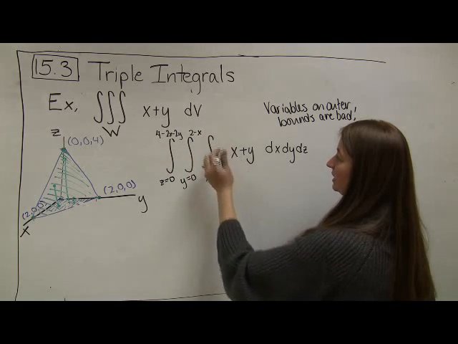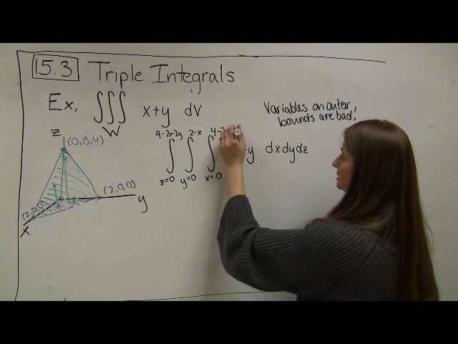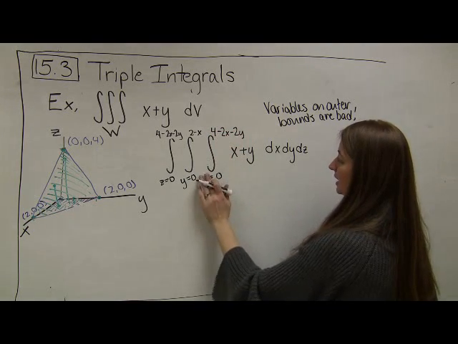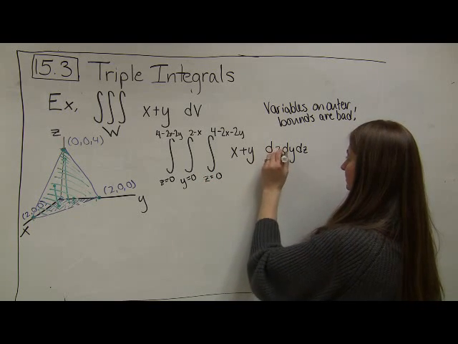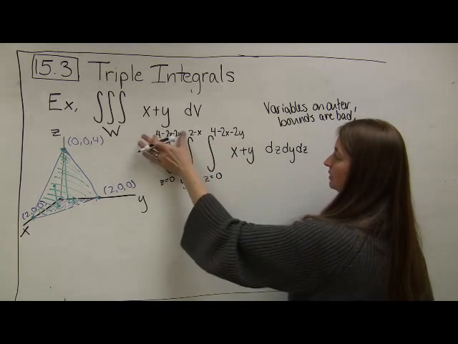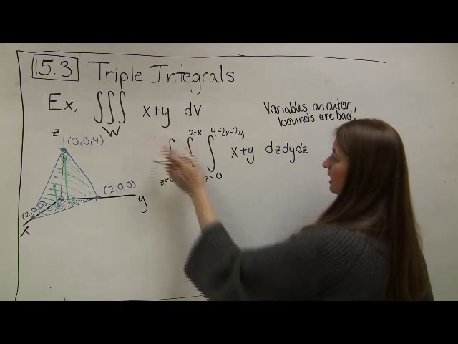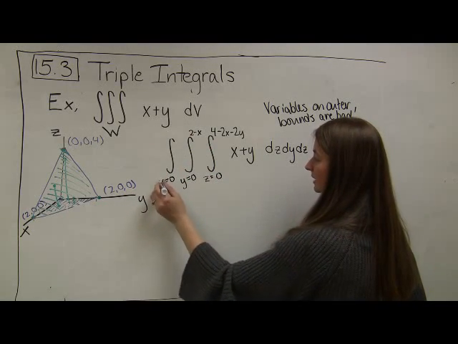And in general, your top function is going to have the most number of variables. So I'm going to flip this around so that my z variable is what I'm evaluating first. And then the bound that has the next most number of variables is my y bounds. And then the last one will be my x bounds.